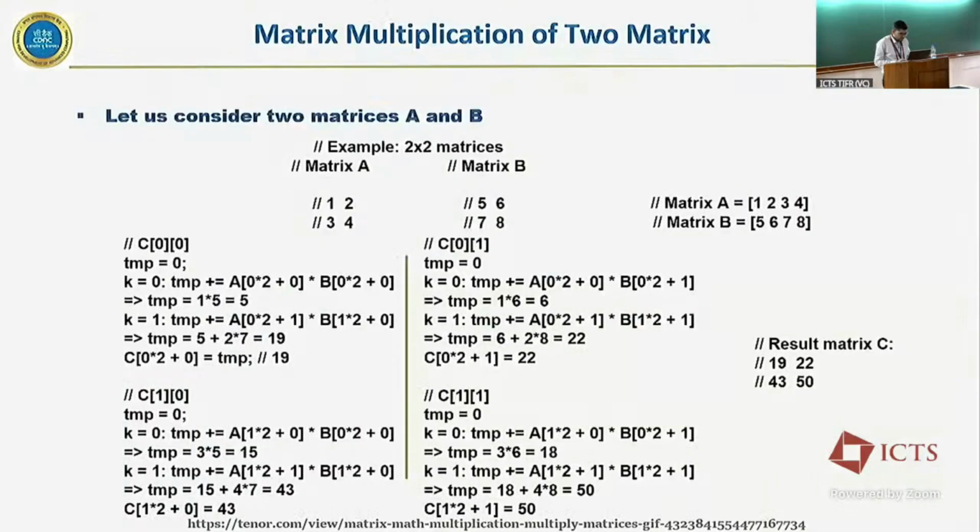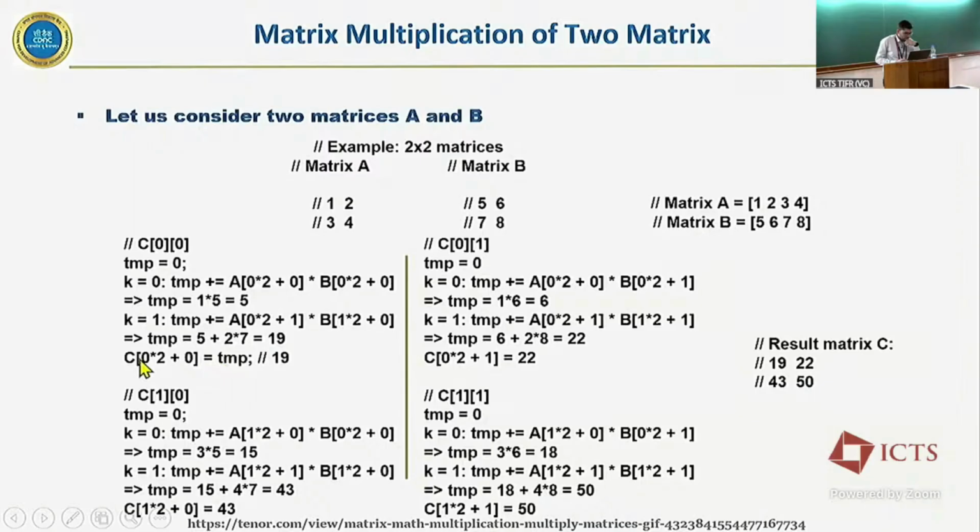The Kth value is also 0. Then B, same. So the result is 5. Then again we take A0 into 2 plus 1, and the same logic we perform for K of 1. Then the result becomes 5 plus 14, that is 19.